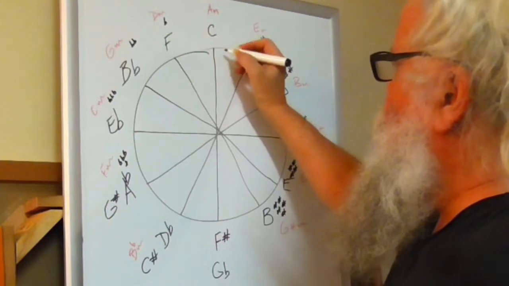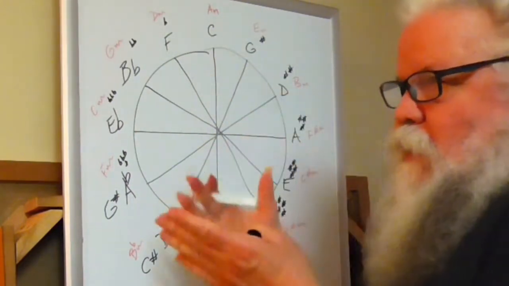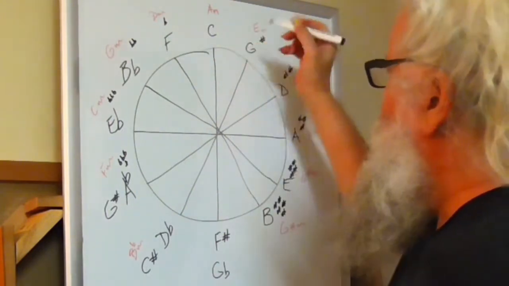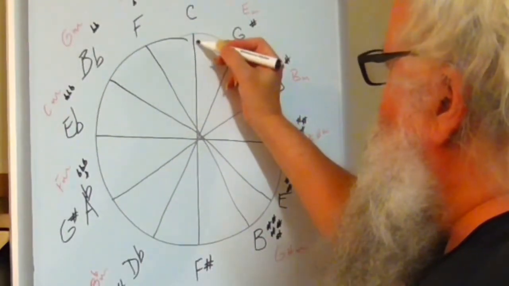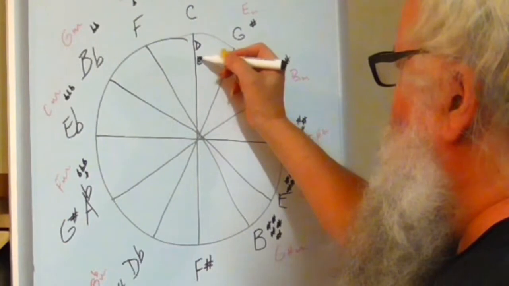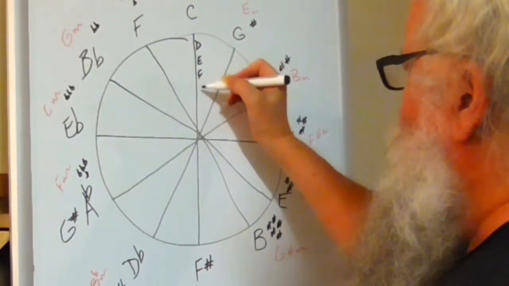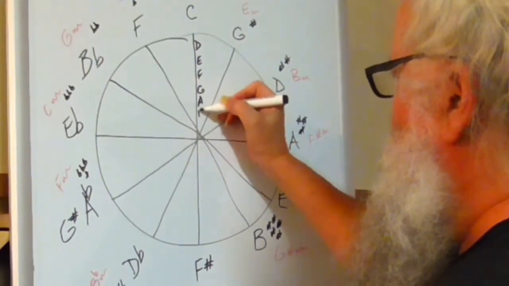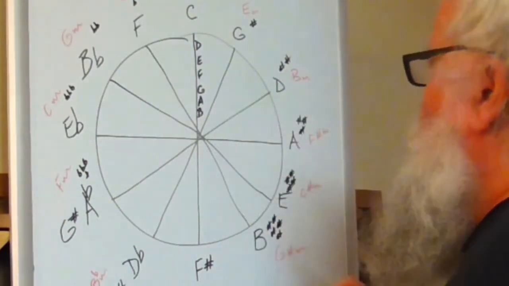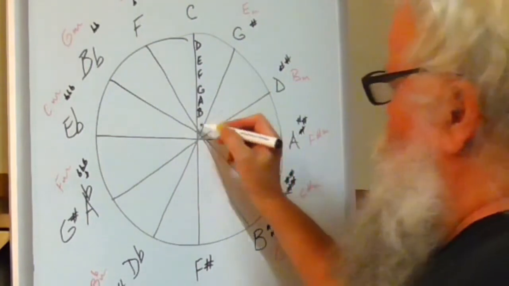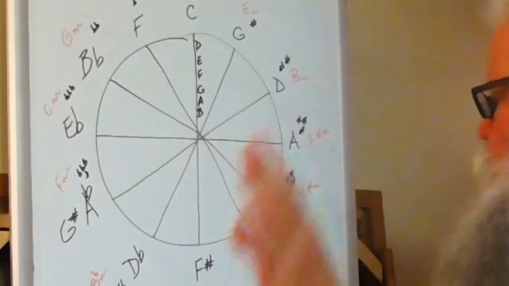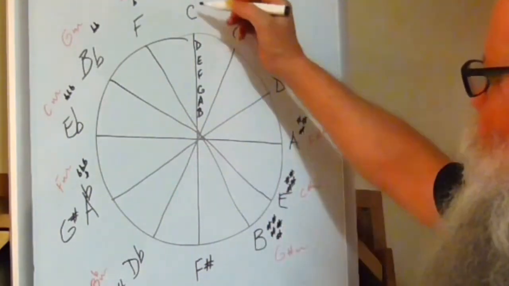The scale of C has no sharps or flats. So you got C, D, E, F, G, A, B, and then C in the middle. Anyway, that's that way.